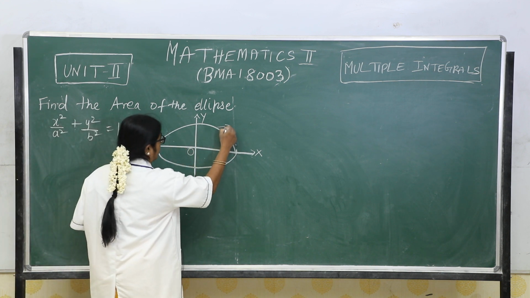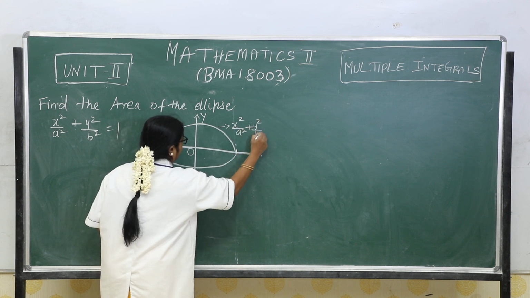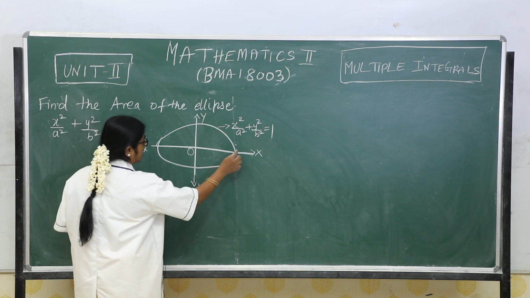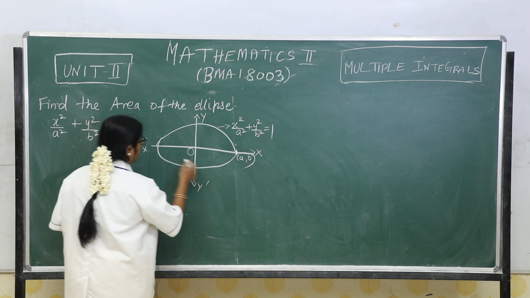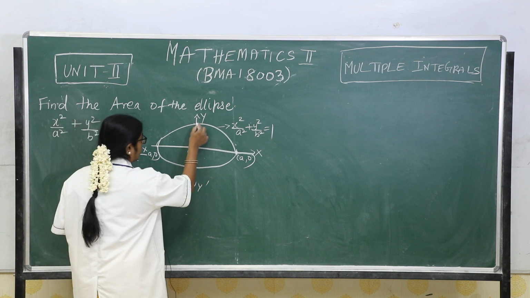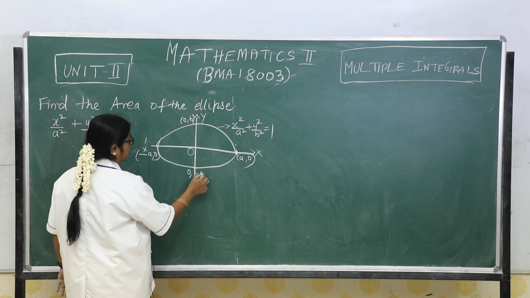This is the ellipse diagram. The center of the ellipse, semi-major axis. This is minus a comma 0, 0 comma b, 0 comma minus b.